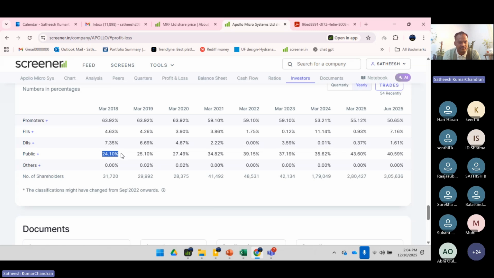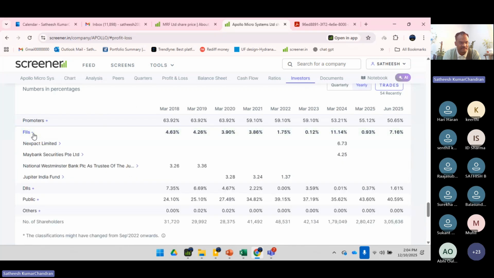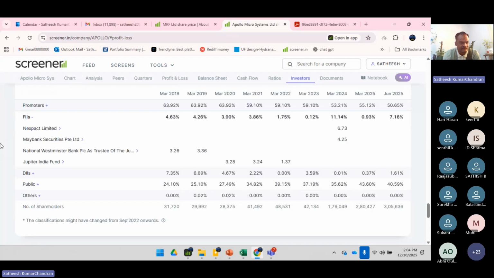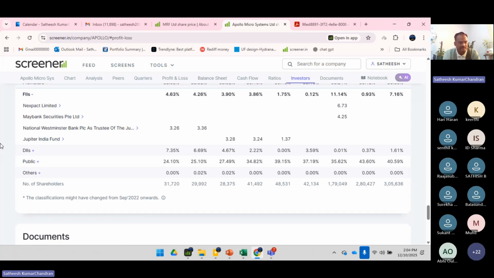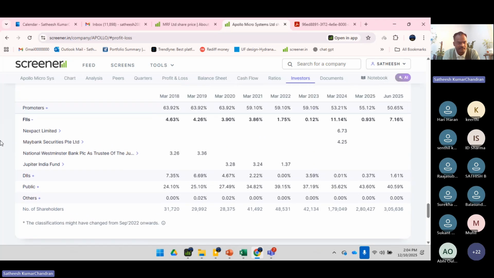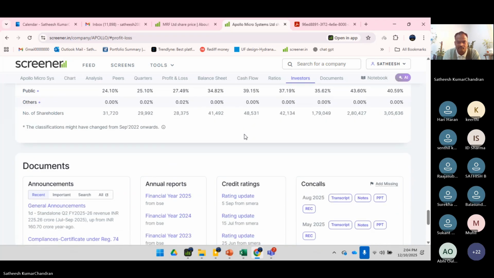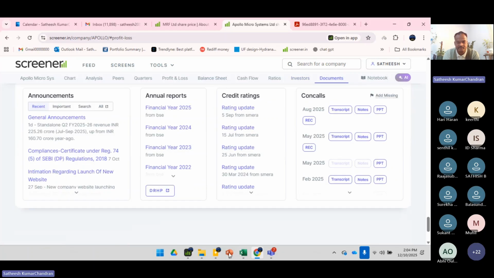Public 24% in 2018, and now it is 41% almost. FII, okay, increasing. DII reducing. FII means who are the FII? They are real or authentic or fake people, that we have to see. Next Pact Limited, Maybank Securities, National Westminster, Jupiter India Fund. Okay, fine. We can cross-check whether these are all reputed or not fundamentally.